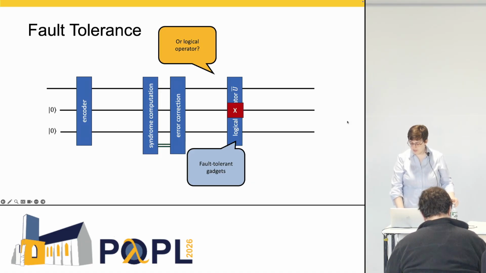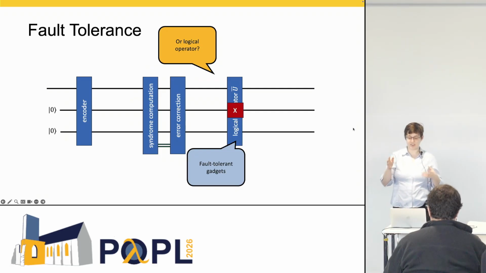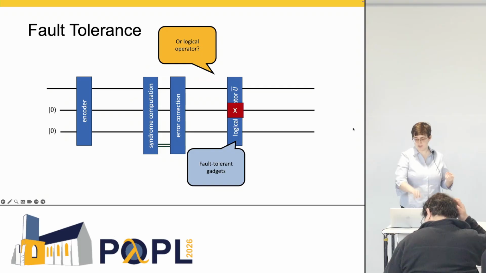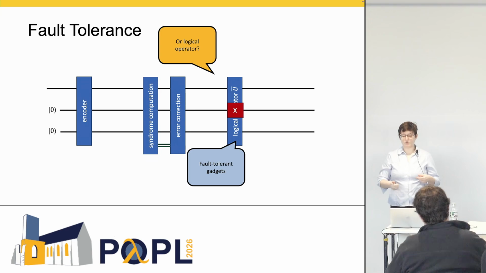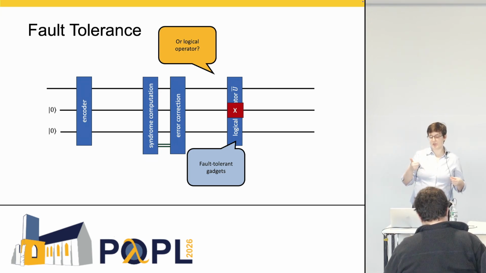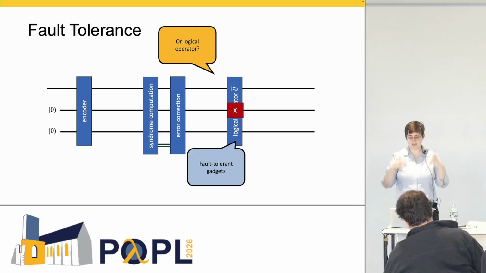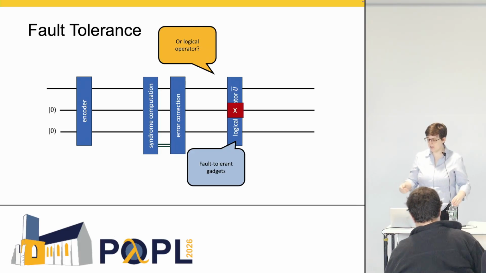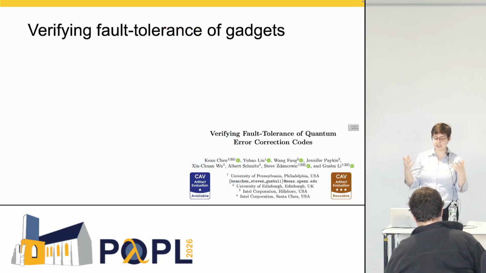So for the purposes of verification, though, this presents a challenge, because now these fault-tolerant gadgets themselves don't fit directly into the stabilizer framework. They will include things like potentially unbounded loops, like repeat until success loops, and classically controlled variables. So verifying the fault tolerance of gadgets takes some additional steps.